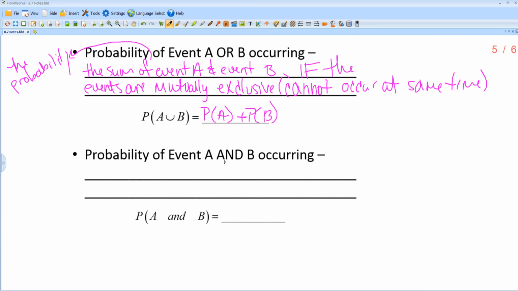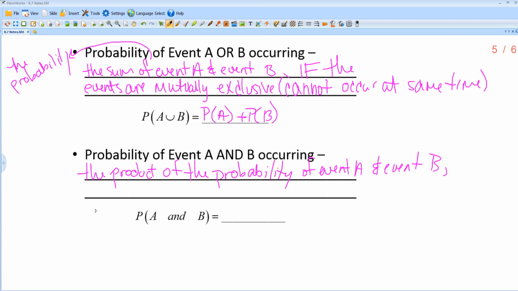Next, we have an and statement. And the way that that probability is found is the product of the probability of A and B, or of event A and event B, if the events are independent.